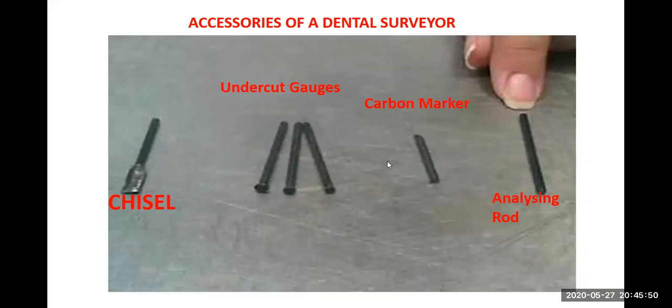Let me say at this point that there are desirable and undesirable undercuts. Desirable undercuts are the ones that can engage the parts of your partial denture for retention of your removable appliance.